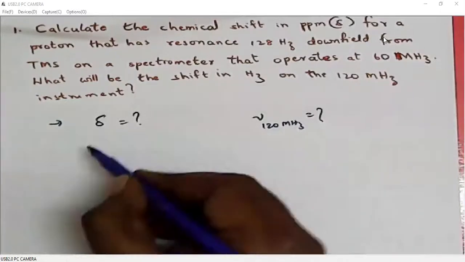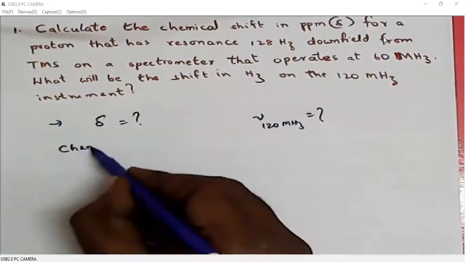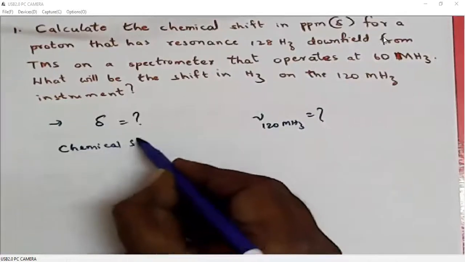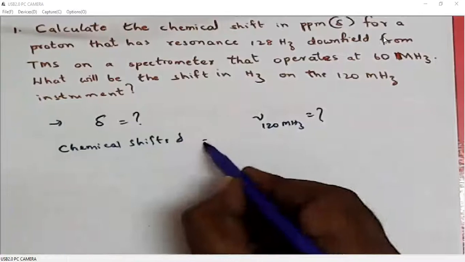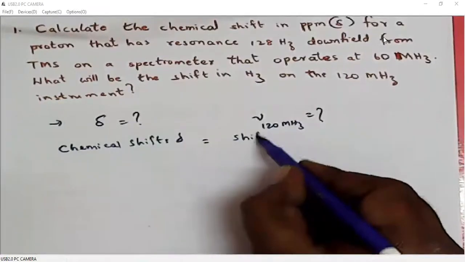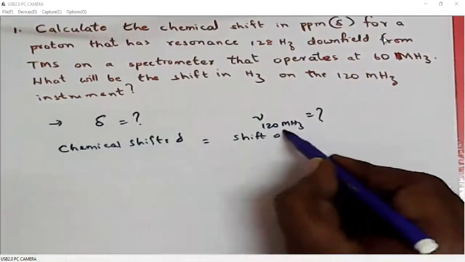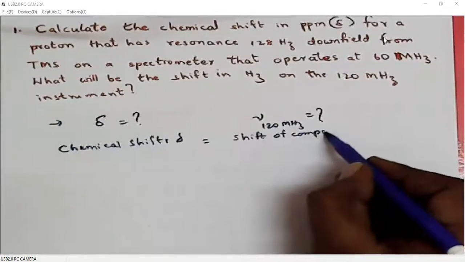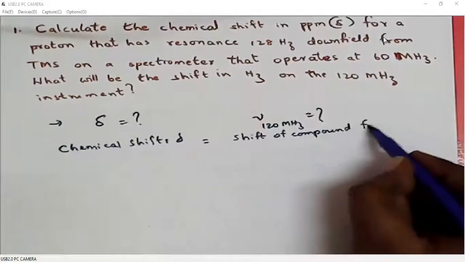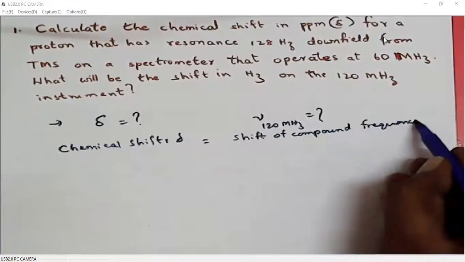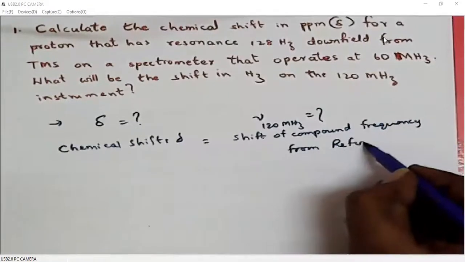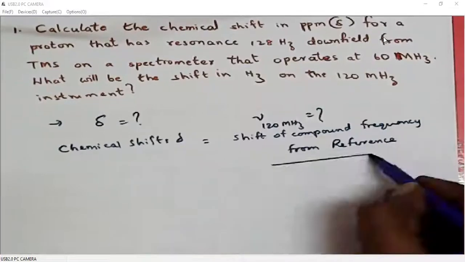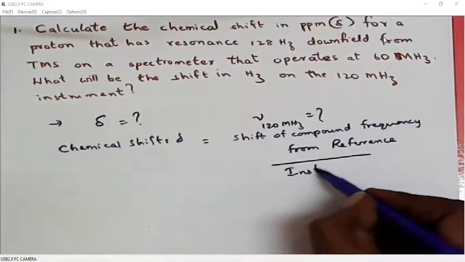So for the first problem, what is the formula? Chemical shift delta is equal to the shift of the compound frequency from the reference, divided by the instrument frequency.